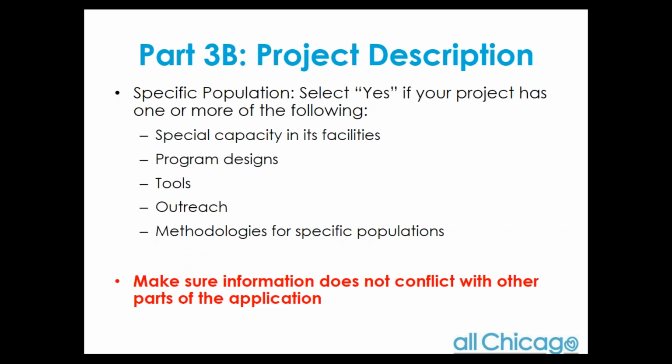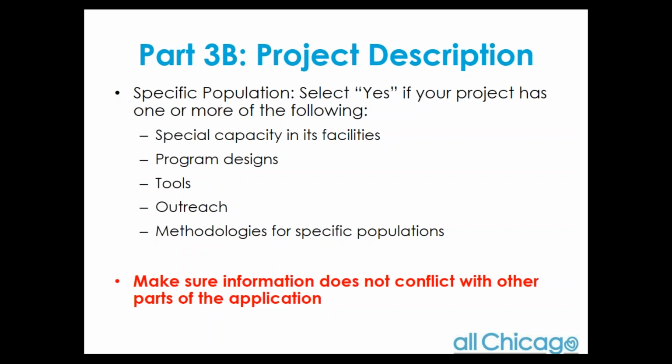I like to use the example of youth. As we know, a lot of our youth providers have a specific program design and outreach and methodologies that they use in working with youth that are experiencing homelessness. If it so happens that in your project you just happen to be serving those and don't have any of the mentioned criteria, please do not select a population for that.